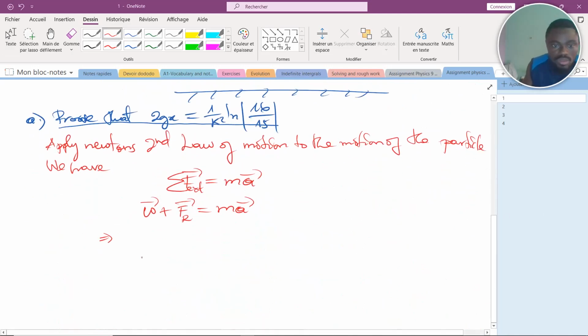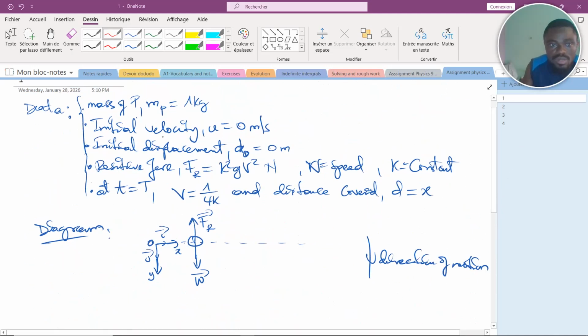So the weight would have components Wx, Wy, plus Frx, Fry, which must be equal to the mass of the particle, MP, because it's the particle P.